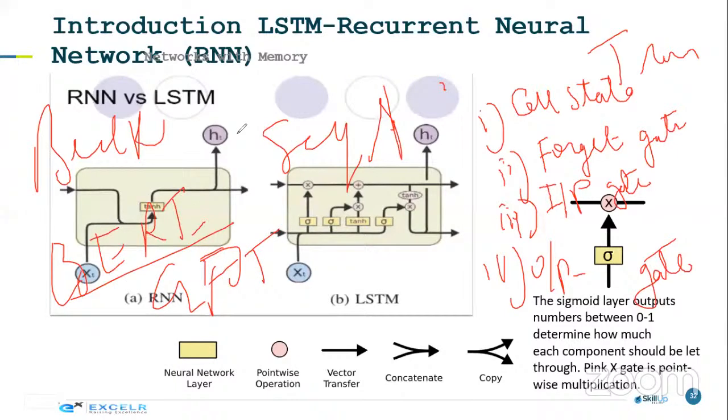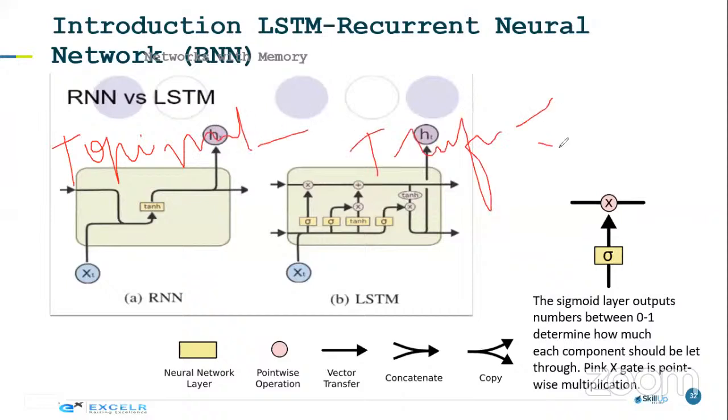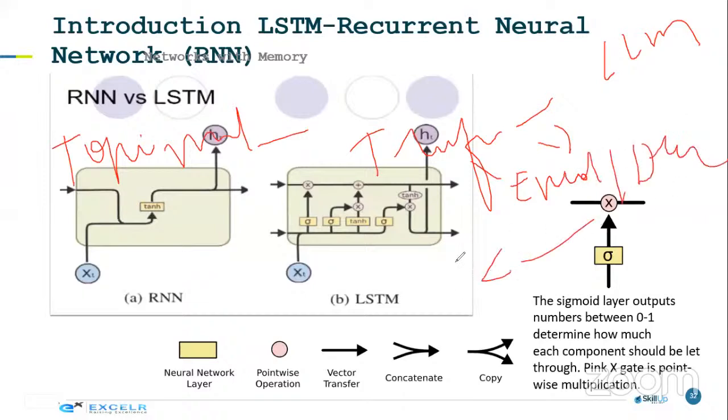For all this kind of architecture, or even for topic modeling, the transformers are the base for the large language models. All these transformers consist of an encoder and decoder, and this encoder decoder in fact consists of LSTM and RNN neural networks.